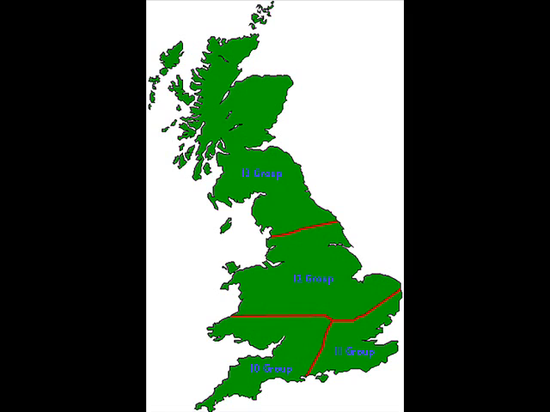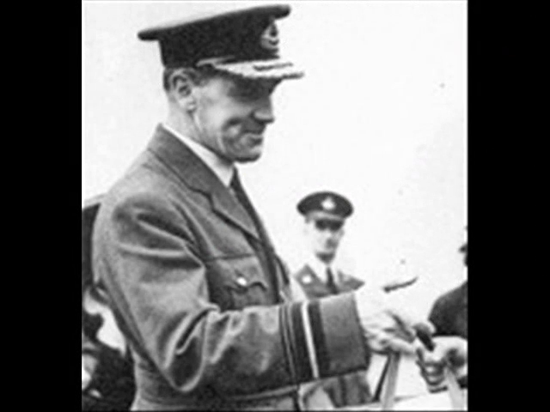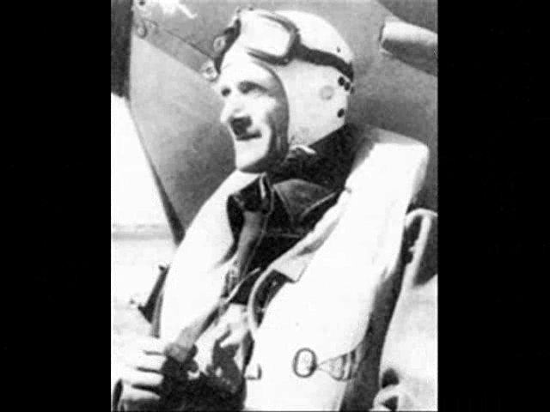The UK's fighter command was split into 4 groups: 10 Group, 11 Group, 12 Group, and 13 Group. Air Vice Marshal Sir Quintin Brand commanded 10 Group and defended Wales and the West Country.